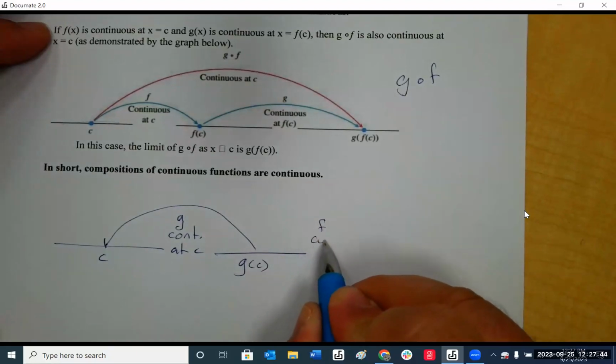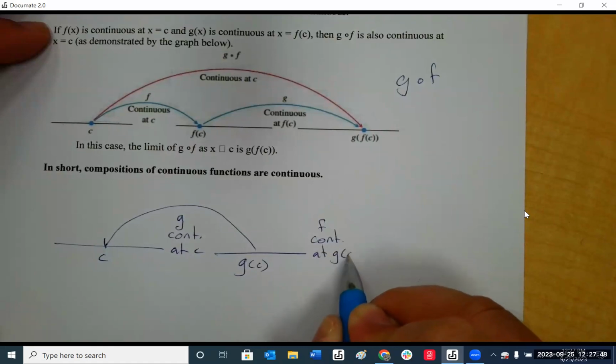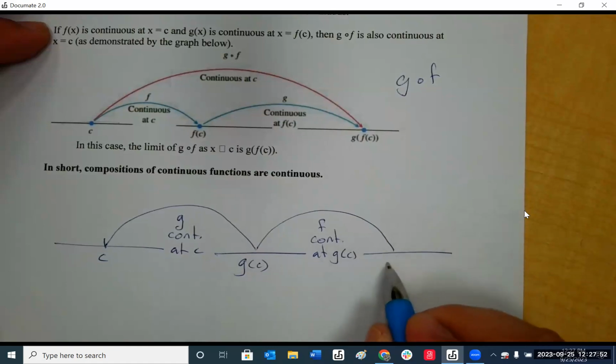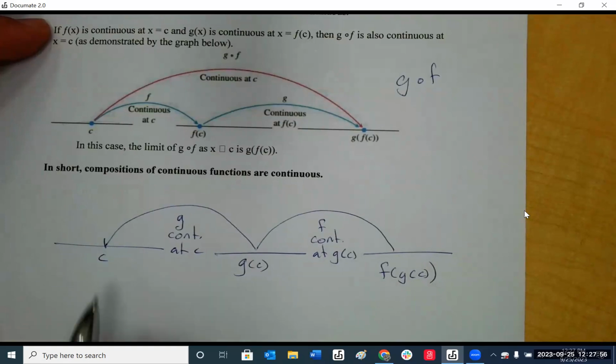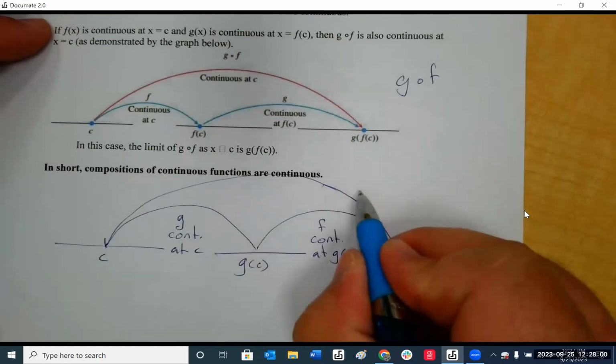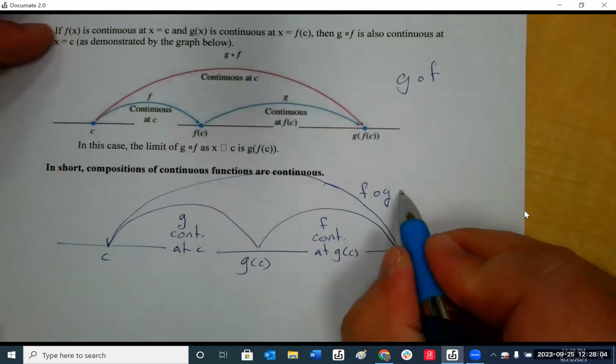And f is continuous at g of c. So that tells us this is f of g of c.